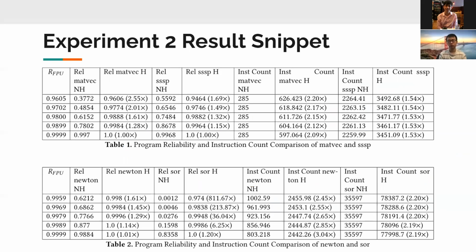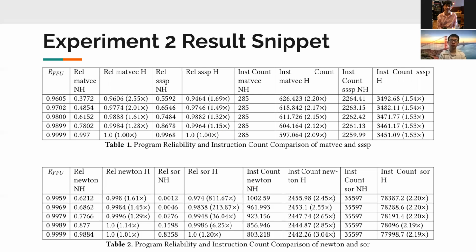This is the results of our experiment. As you can see, across the board, all of the reliability gains are greater the lower the initial floating point FPU reliability. If we take a look at MATVEC, for example, on the top table, at 0.9605 FPU reliability, the overall program reliability increases around 2.55x, whereas at 0.9999, the reliability gains are negligible.